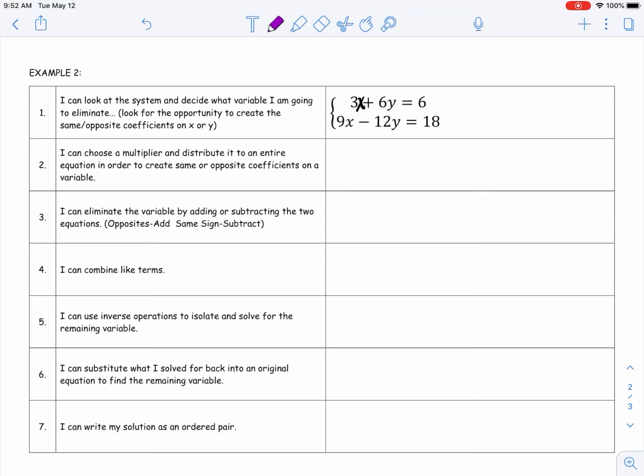And really, it doesn't matter. You can pick. We could turn 3 into 9 by multiplying by 3. We could turn 6 into 12 by multiplying by 2. I am going to choose to eliminate x this time just because we didn't eliminate x last time.